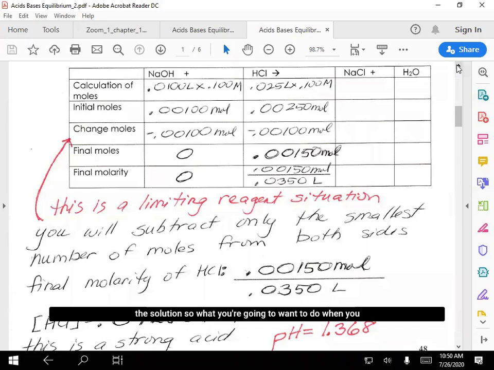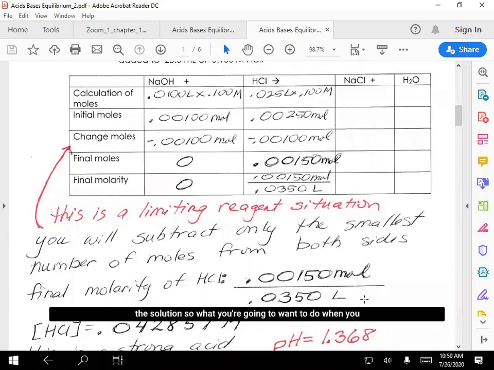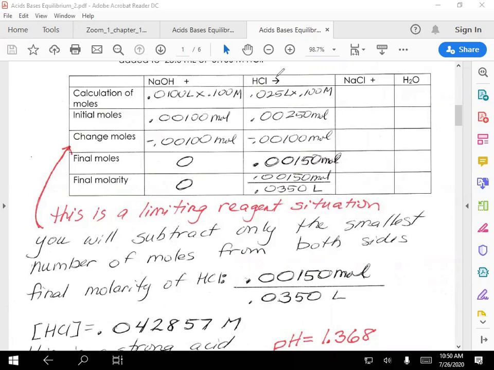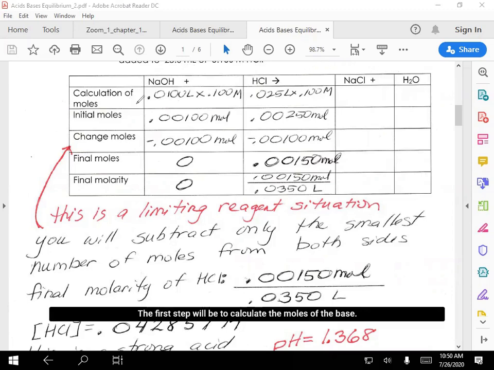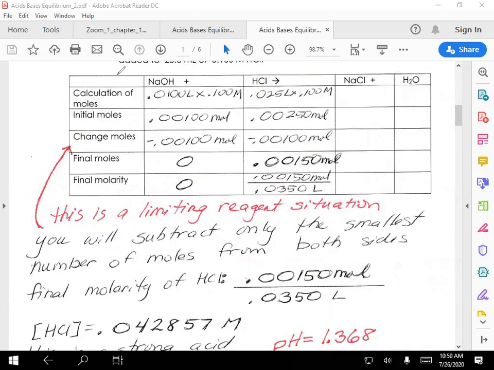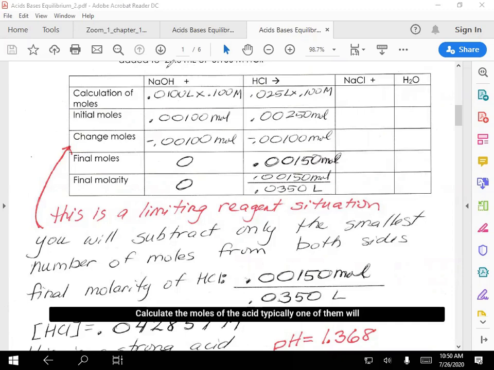So what you're going to want to do when you have a strong acid and a strong base is set up the equation. The first step will be to calculate the moles of the base, calculate the moles of the acid. Typically, one of them will be the limiting reagent.